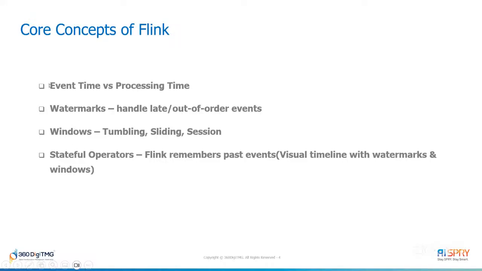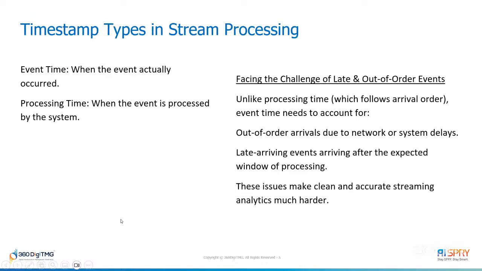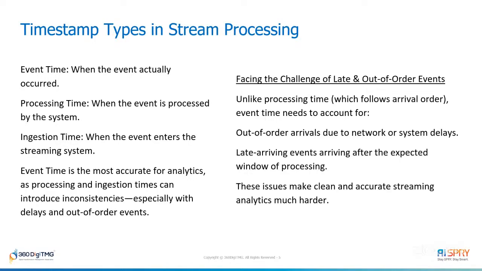First, we will understand event time and processing time. Now we are talking about streaming data, data that is continuously coming. When data is continuously coming, there are three types of time.